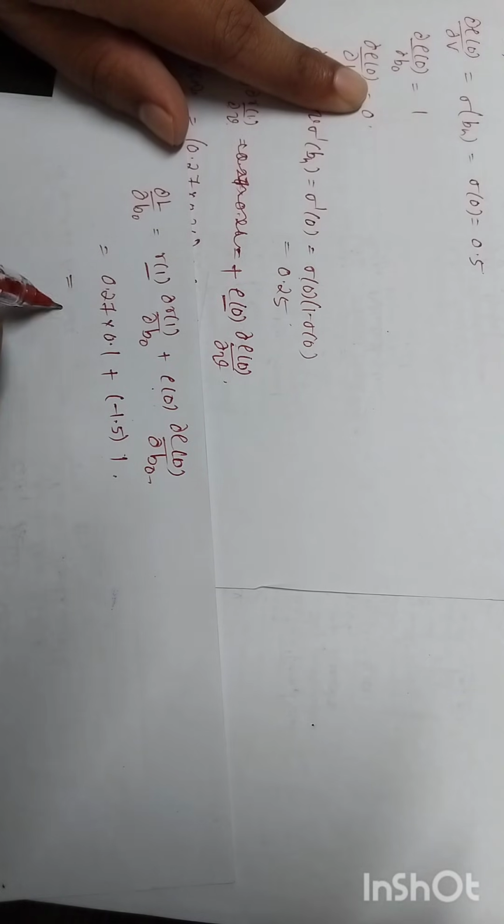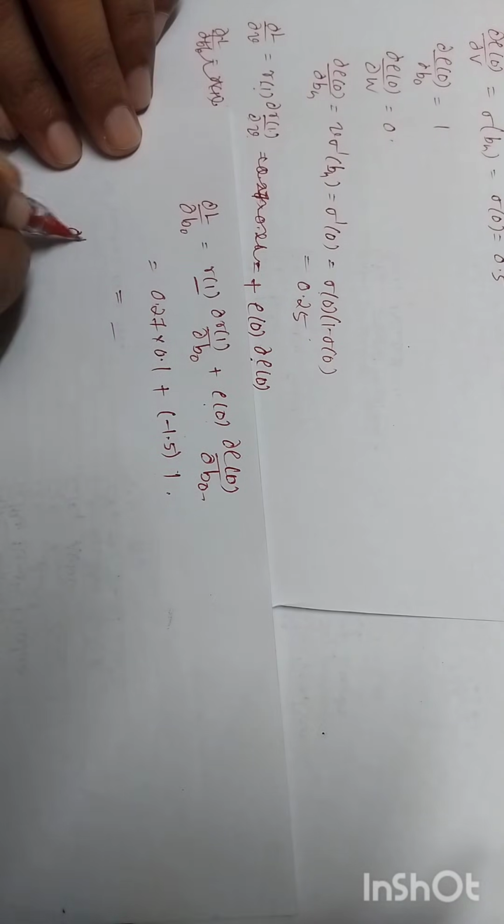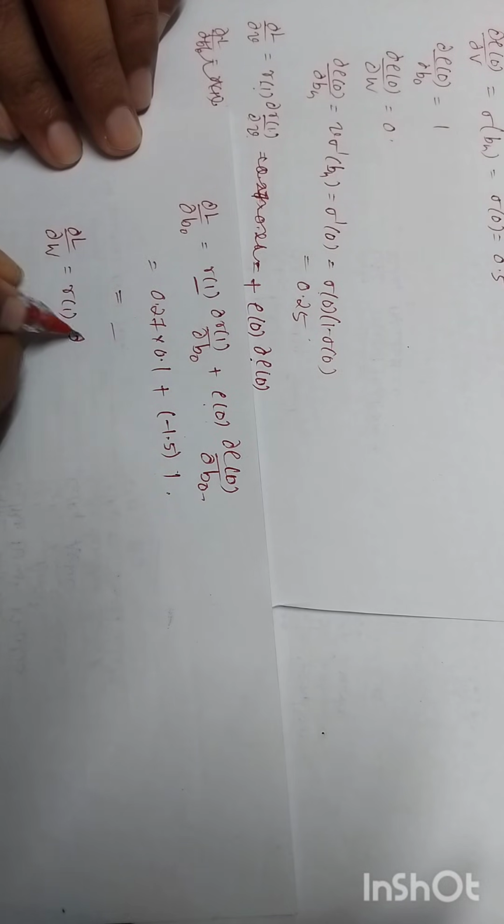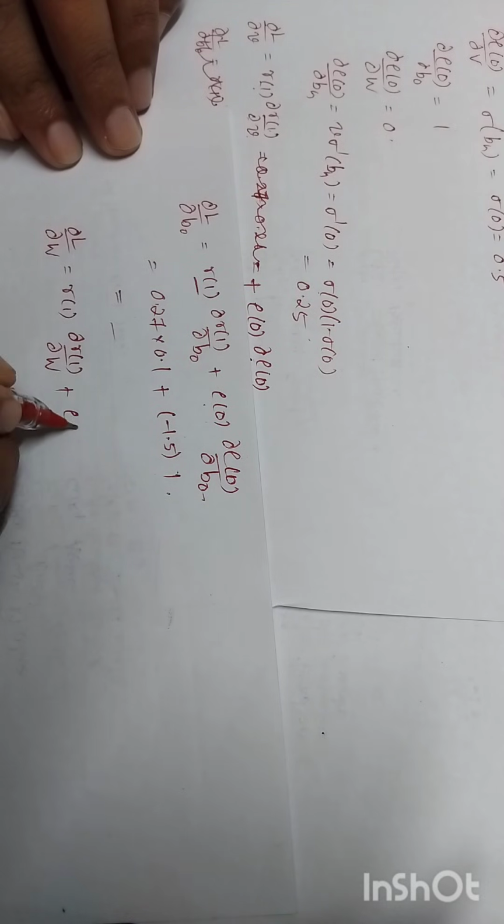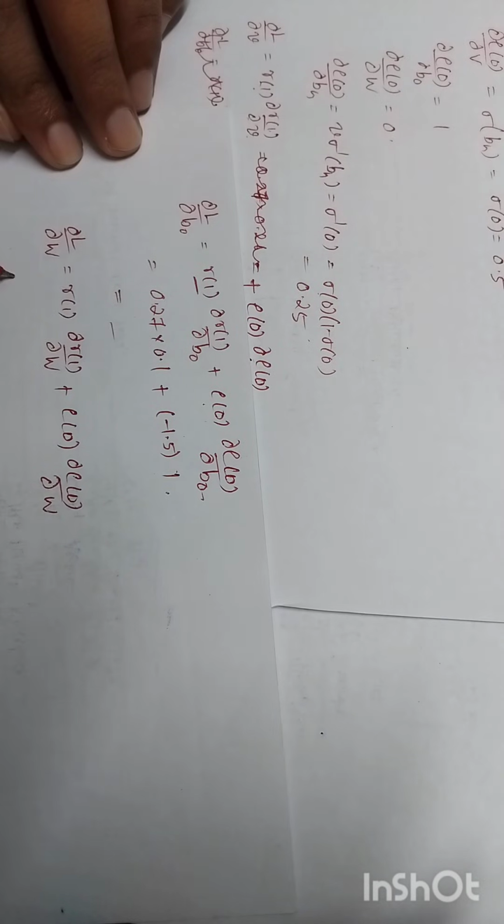So just calculate. Then dL/dW would be R1 into dR1/dW plus E0 into dE0/dW. What is R1?